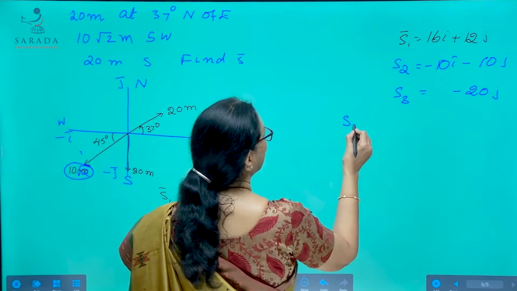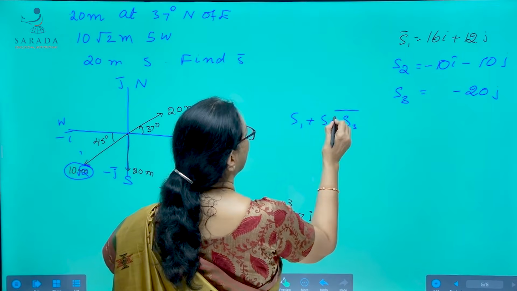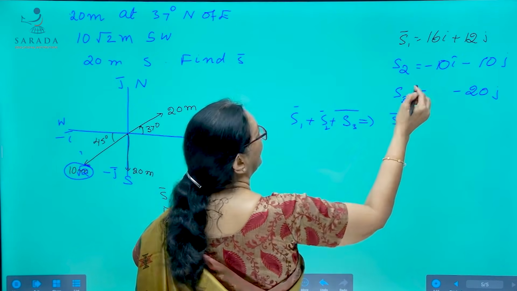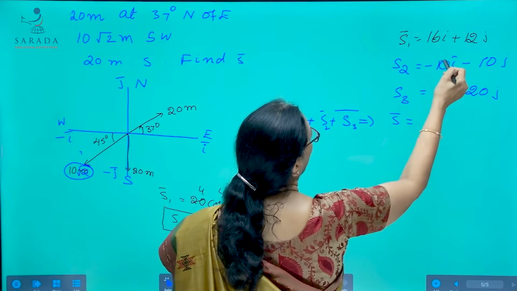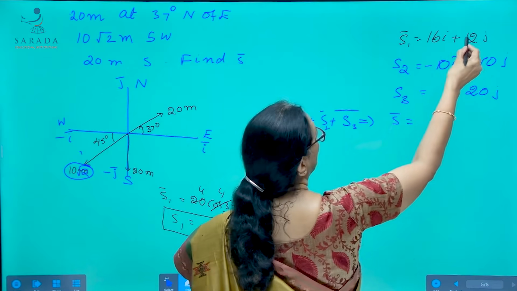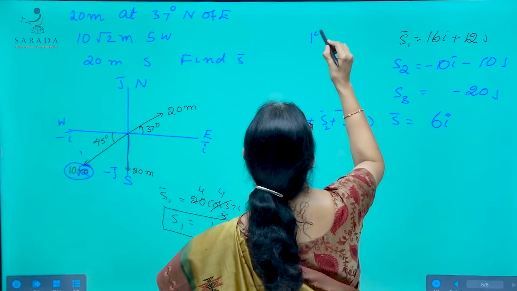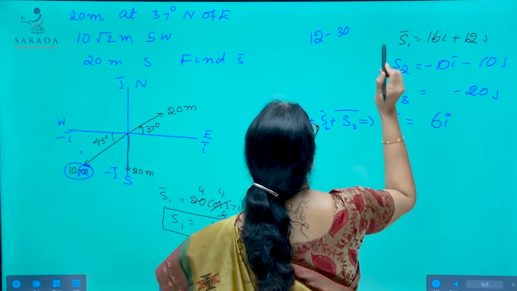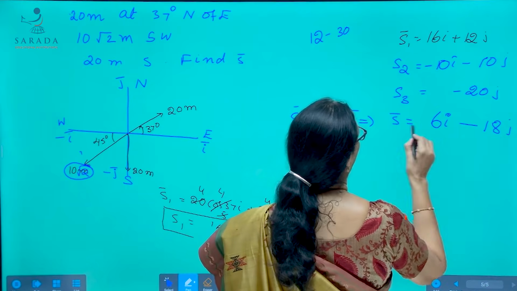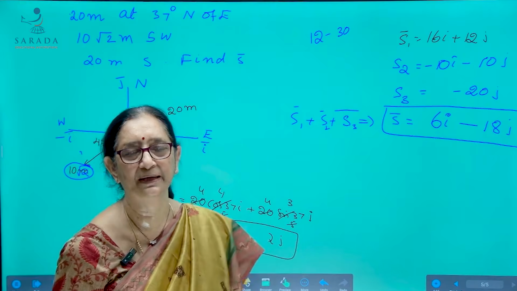So yes, resultant displacement is S1 plus S2 plus S3, implies S bar is equal to 16 minus 10, it is 6i. 12 minus 10 minus 20, so it is 12 minus 30, so it is minus 18 j bar. So that is the resultant displacement.